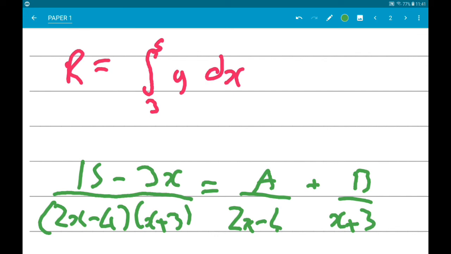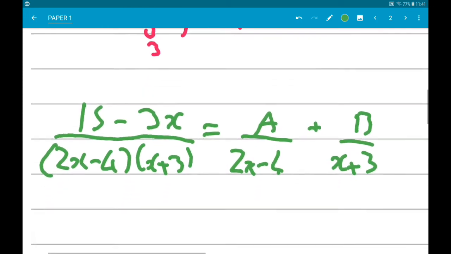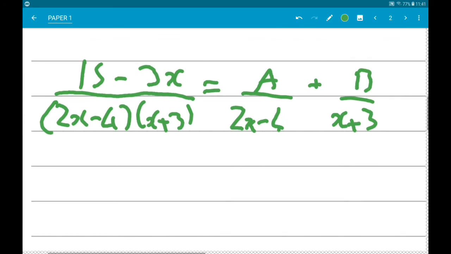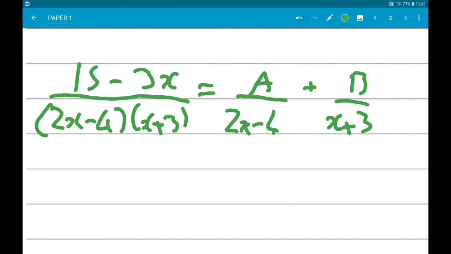Now we just consider the tops of the fractions. So on the left, 15 minus 3x.